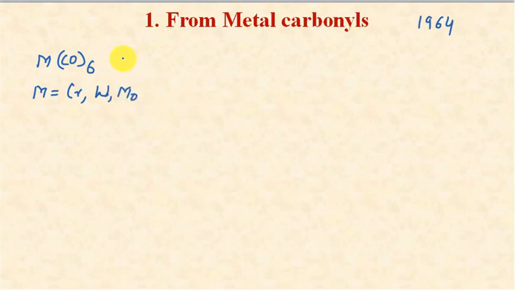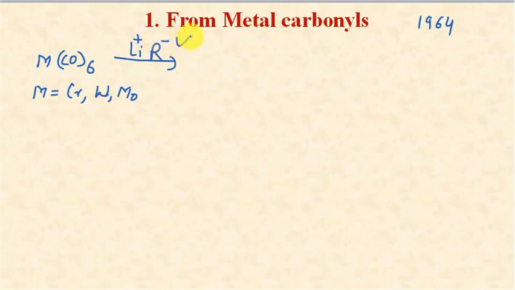When we treat this metal carbonyl with alkyl lithiums, for alkyl lithium we have Li positive and R negative. This R negative attacks the carbonyl carbon atom, because it is a well known fact that in metal carbonyls, the carbon atom of the CO group is electrophilic in nature.